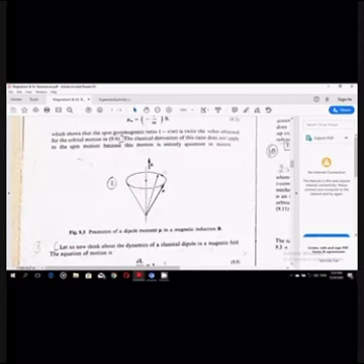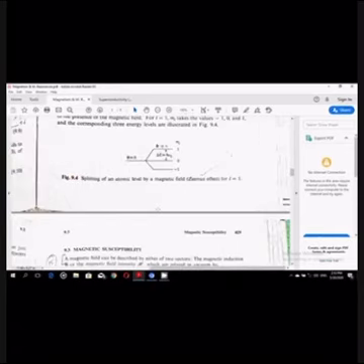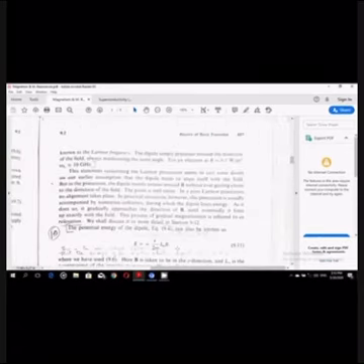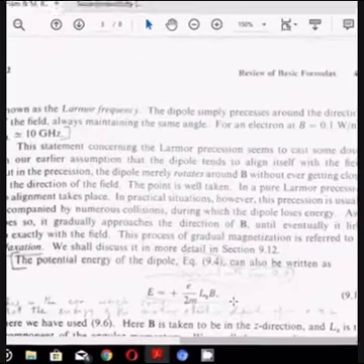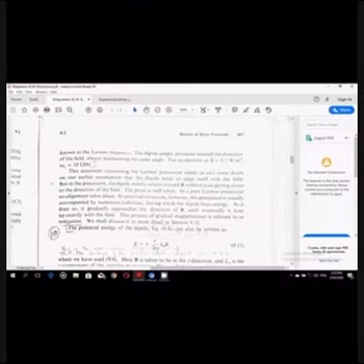So this precessional motion will have a certain frequency, and this is the frequency: omega L is equal to eB over 2m. This frequency is known as the Larmor frequency. So the dipole simply precesses around the direction of the field, always maintaining the same angle.